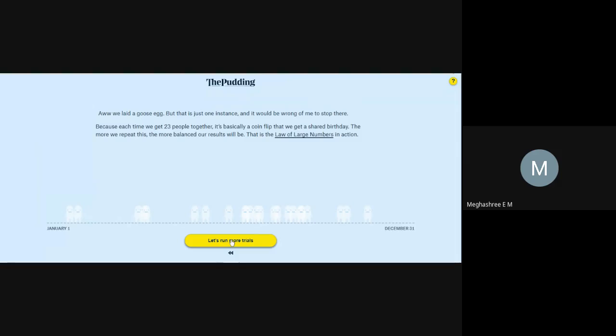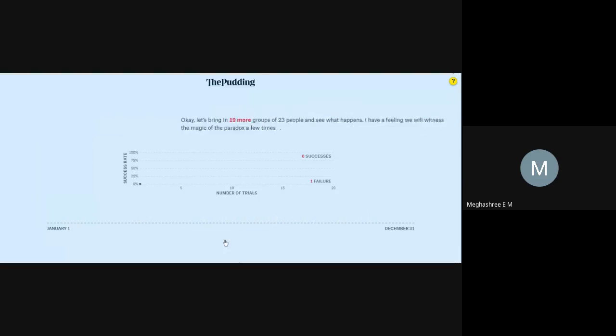So let's run a few more trials here. For 23, I was the one and Razzle was another person, and the other 21 entered later, who all have different birth dates, but one person is colliding with my birthday date here. Let's run more trials on this. See here, 19 more groups of 23 people were entering the birthday party.